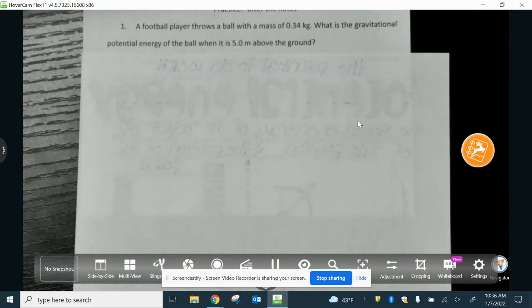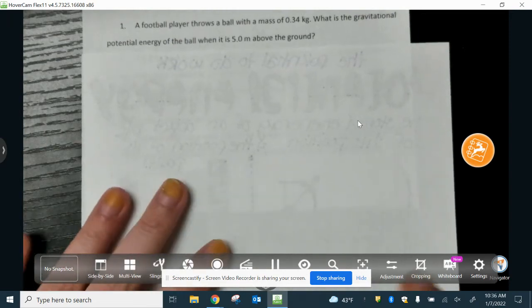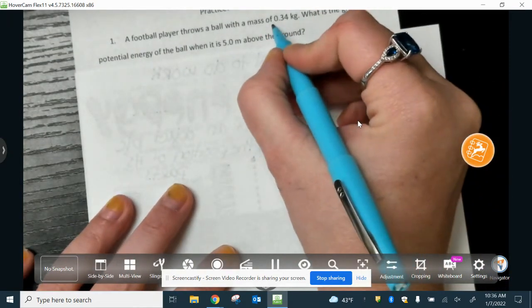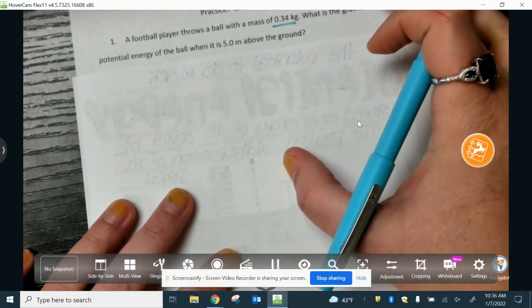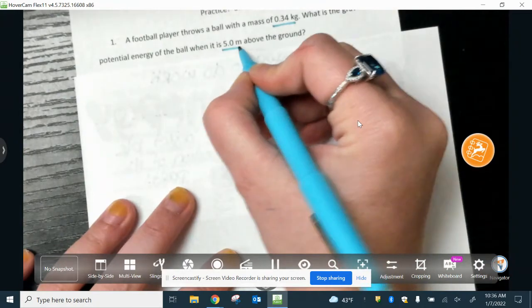All right, we're going to go ahead and go over them, starting at number 1. A football player throws a ball with a mass of 0.34 kilograms. What's the gravitational potential energy of the ball when it's 5 meters above the ground?